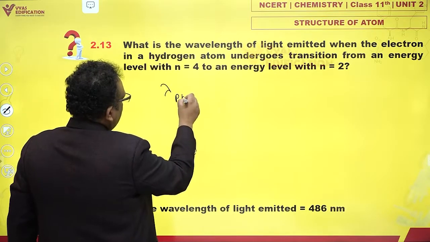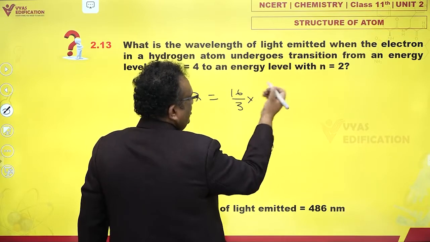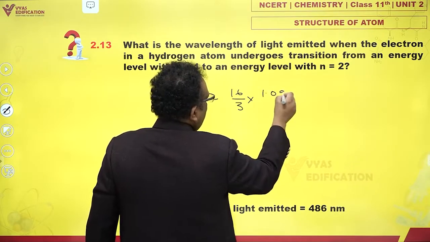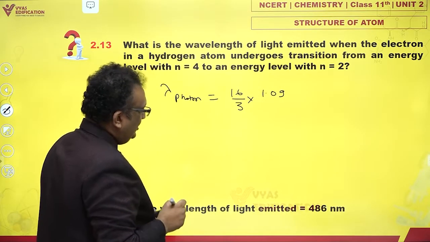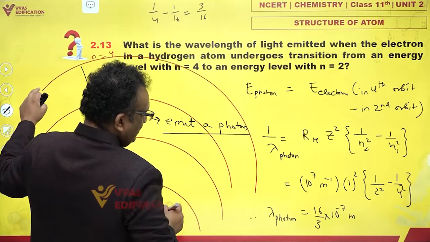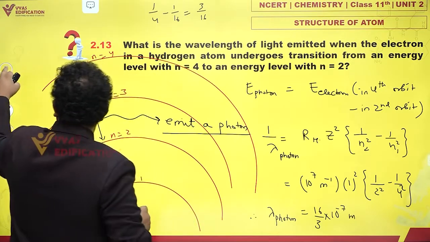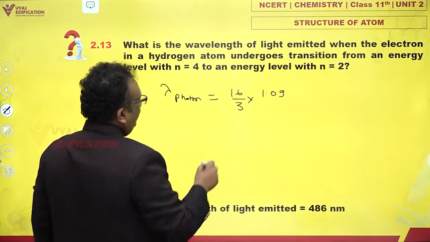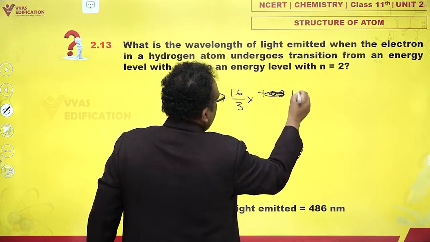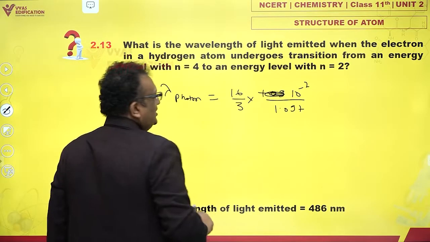Lambda of photon is 16 by 3 into 10 raised to minus 7 upon 1.097. Just let me check. Rydberg's constant was in the denominator. Yeah, it would be. This is how it would look.